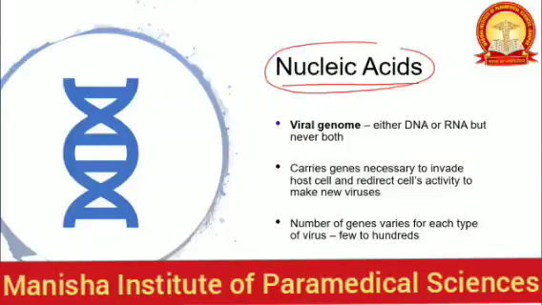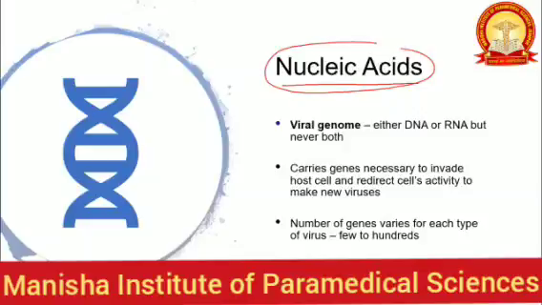The viral genome can be either DNA or RNA, but can never be both. Unlike animals and plants, where we have both DNA and RNA. Genetic material is the DNA, but RNA is also found to carry the message. But in virus, they have either DNA or RNA, not both.